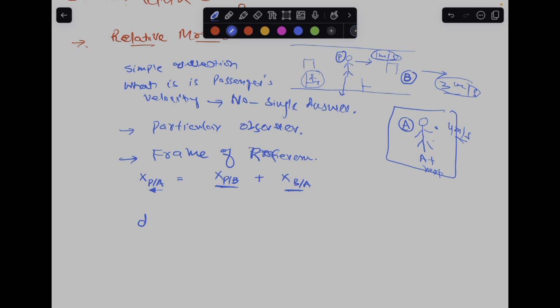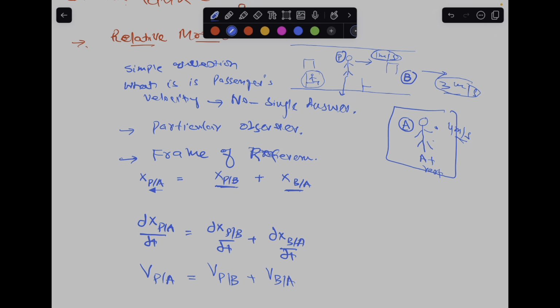So this is dx PA divided by dt, equals dx PB divided by dt plus dx BA divided by dt, or we can write VPA is equal to VPB plus VBA.